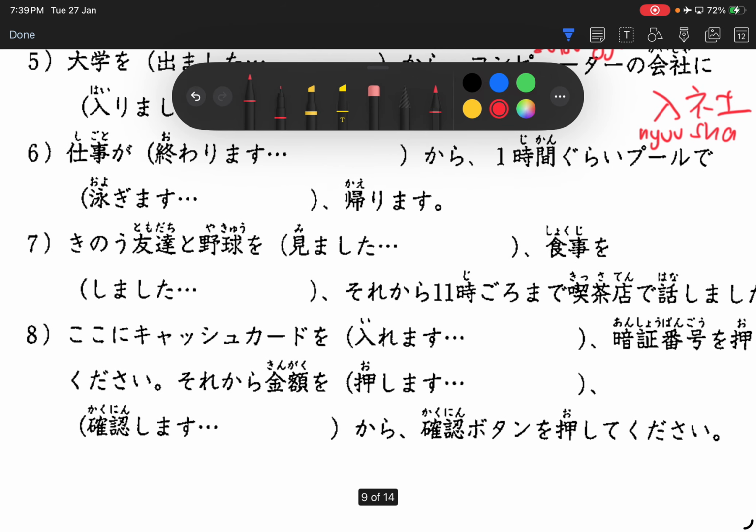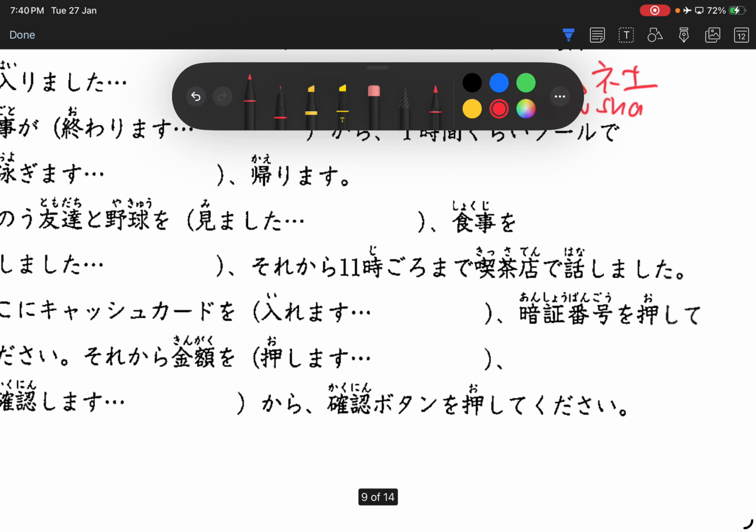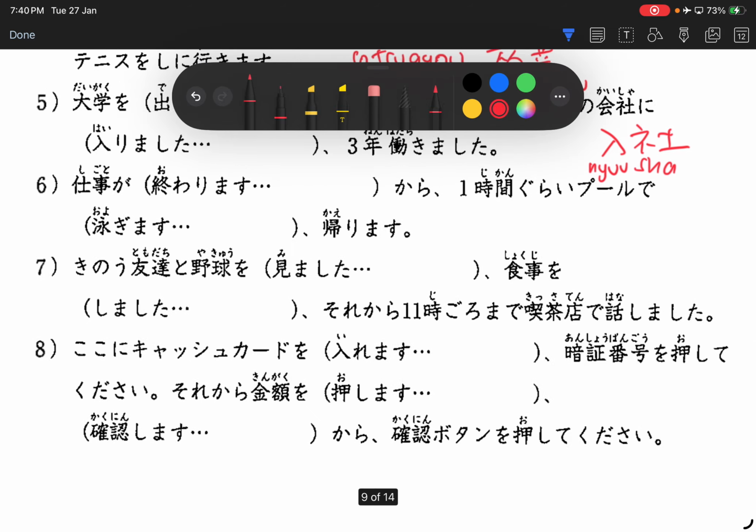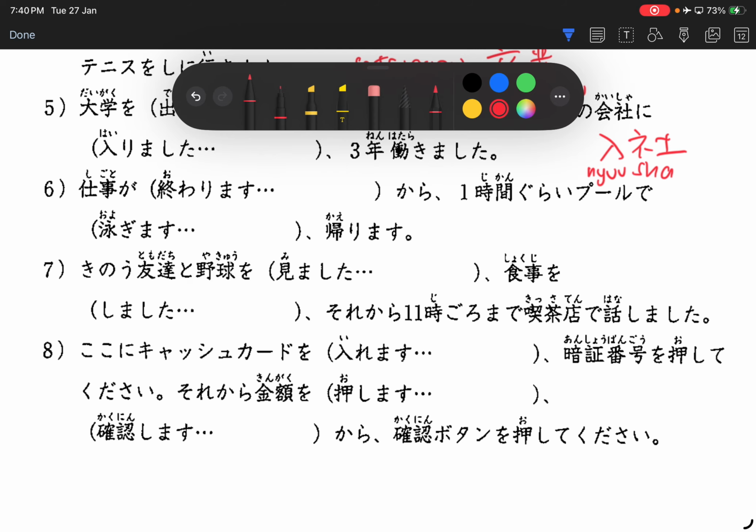Okay, number 7. Yes, Wayne. 昨日友達と野球を見て食事をして、それから11時頃まで喫茶店で話しました.